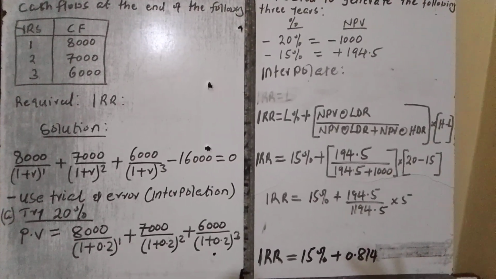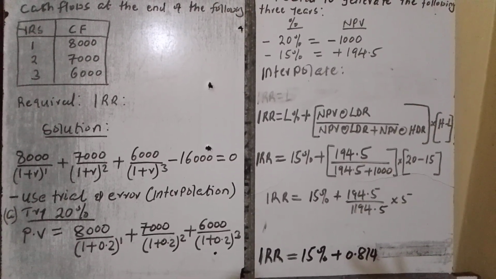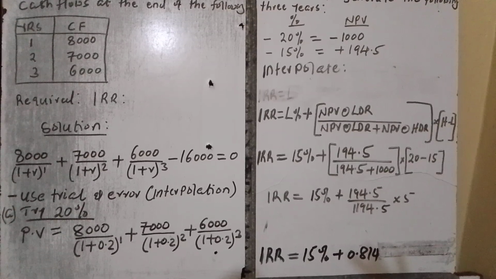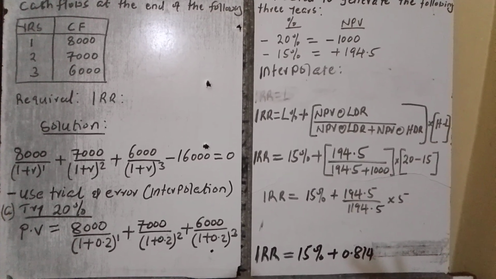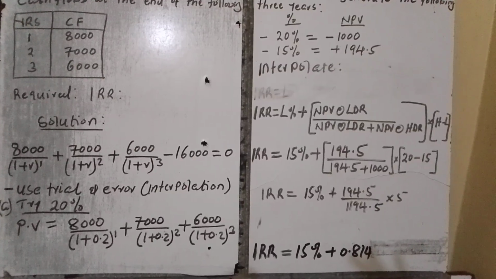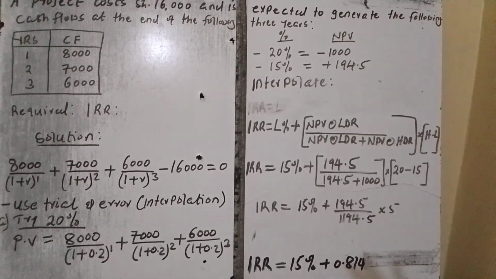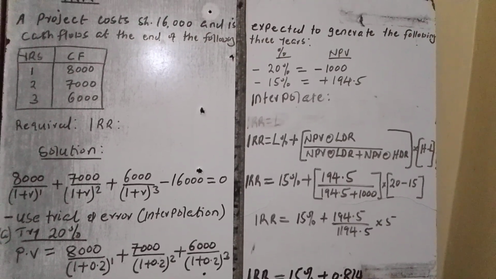Year one, this project will generate 8,000 shillings. Year two, 7,000 shillings. Year three, 6,000 shillings. Let's calculate the internal rate of return.